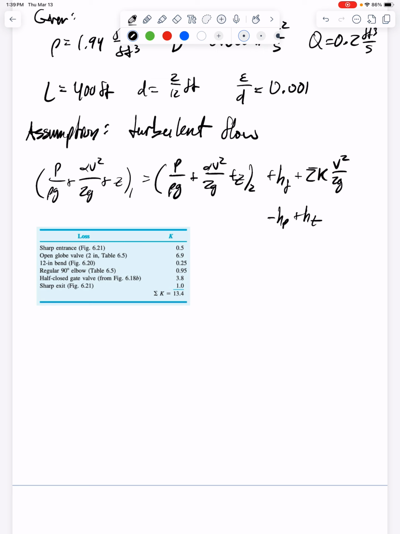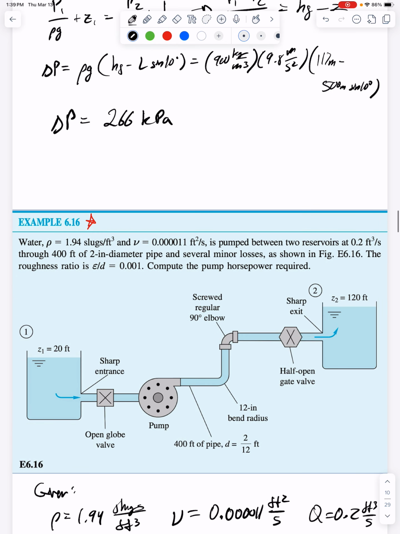The only two I want to point out are the open globe valve and the half-closed gate valve, which have high K values of 6.9 and 3.8. Imagine there's a pipe and there's a valve. You're basically screwing a valve into the pipe and obstructing the flow. You're putting an object in to obstruct the flow. That's the purpose of these two components.